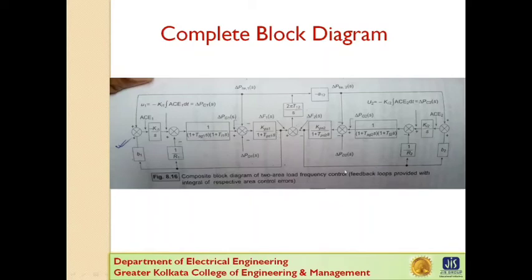Now in the second area, this is the same. ACE2, the area control error for the second area, is equal to delta P tie 2 plus B2 delta F2. This is delta F2 into B2, and this is delta P tie 2.